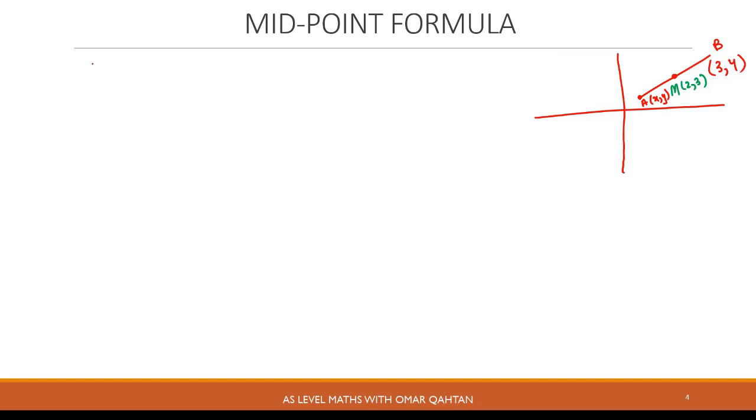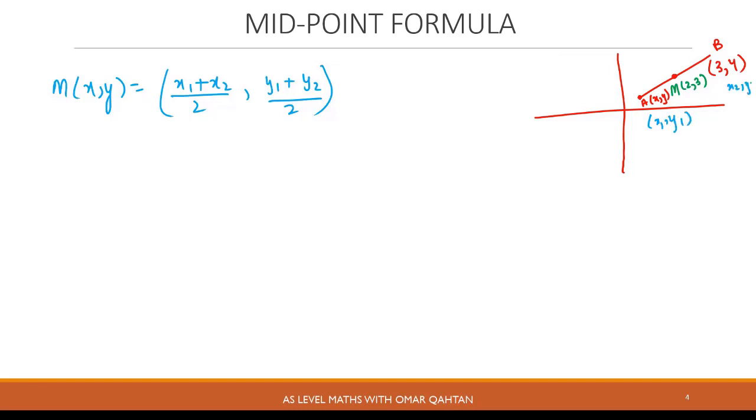We know the formula for the midpoint is M(x, y) equals ((x1 plus x2) divided by 2, (y1 plus y2) divided by 2). So we have this like it should be x1, y1, this should be x2, y2, and this (2, 3) should be equal to (x, y).